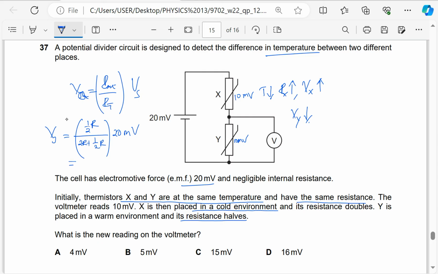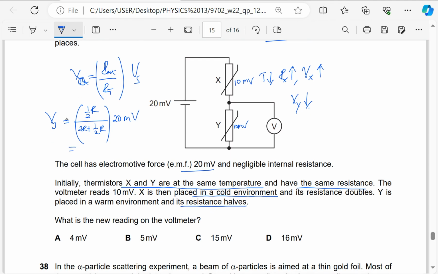The question is, what is the new reading on the voltmeter, which is the PD across Y? R has cancelled out, so it is 0.5 divided by 2 plus a half, which is 2.5. Then times 20.